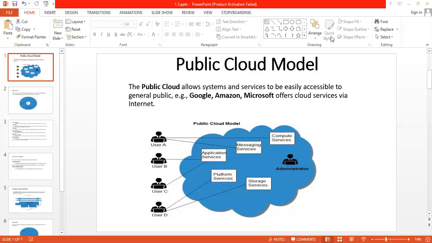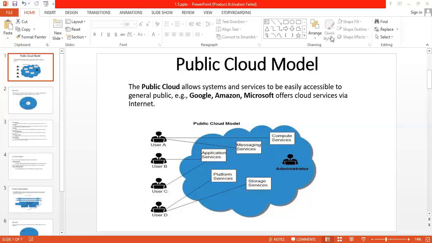All these types of services are provided by public cloud providers, and they are managed by the administrator. They manage the cloud services, data, storage, security, all these things.